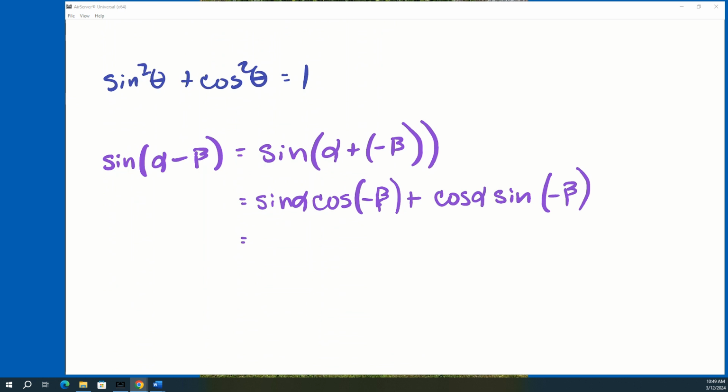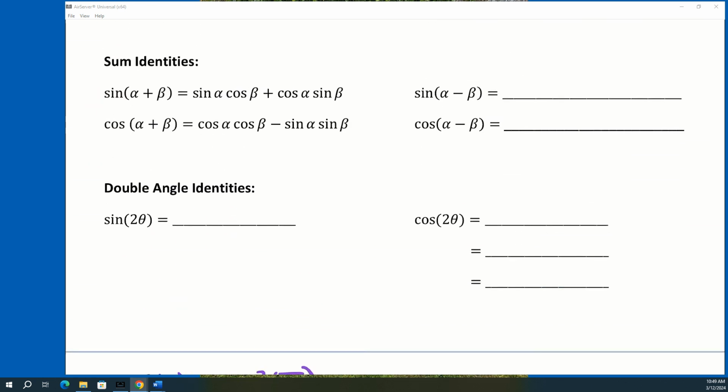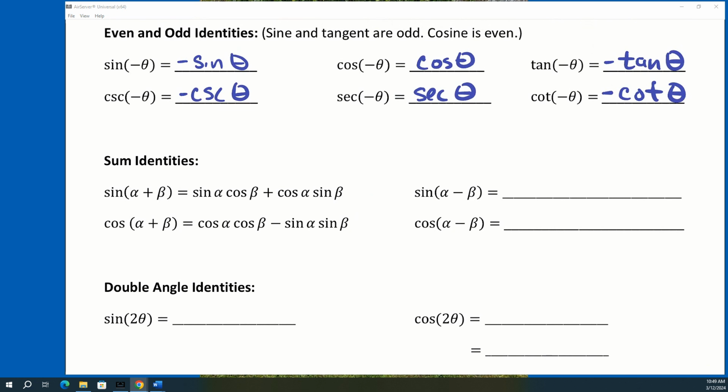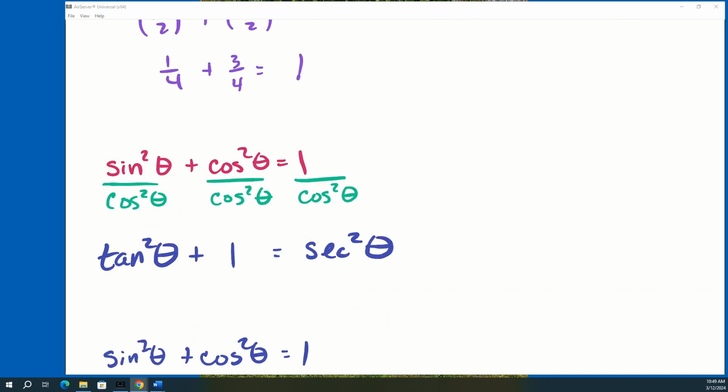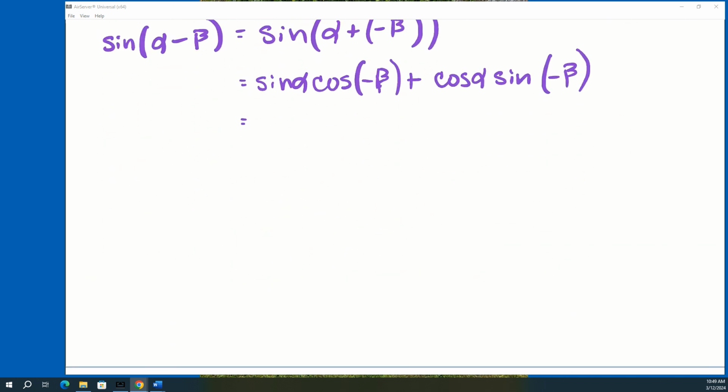So what's going to happen with the cosine of negative beta? What's going to happen to the negative if cosine is even? Look at your identity sheet. It's going to disappear. It's going to be absorbed into the problem. So the cosine of negative beta is just going to change to the cosine of positive beta.